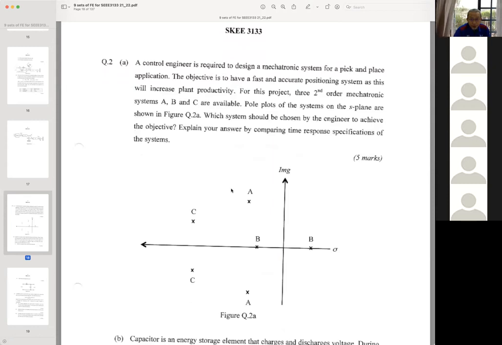So the objective is to have a fast and accurate positioning system. Okay, fast and accurate. For this project, we have 3 pairs of complex conjugate poles. Am I right?